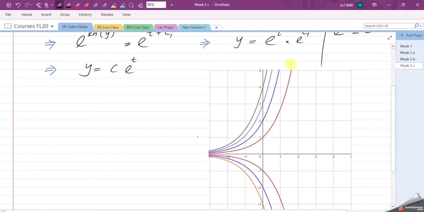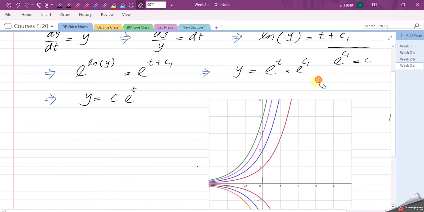If C is 1, then my curve is here, this curve.